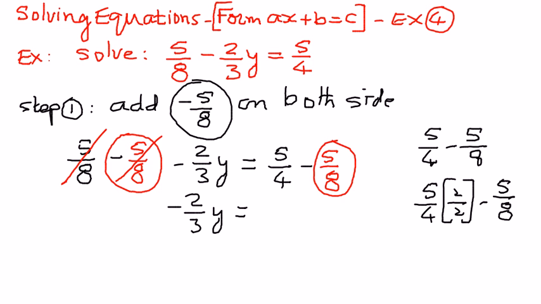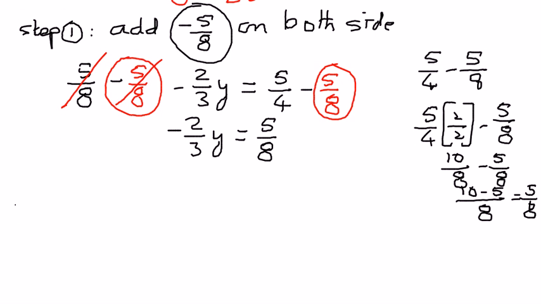Therefore, 5 times 2 is 10, 4 times 2 is 8, minus 5 over 8. We can write the common denominator once and combine the numerators, which is 10 minus 5, which is going to be equal to 5 over 8. So 5 fourths minus 5 eighths simplifies to 5 eighths. Let me write that here.